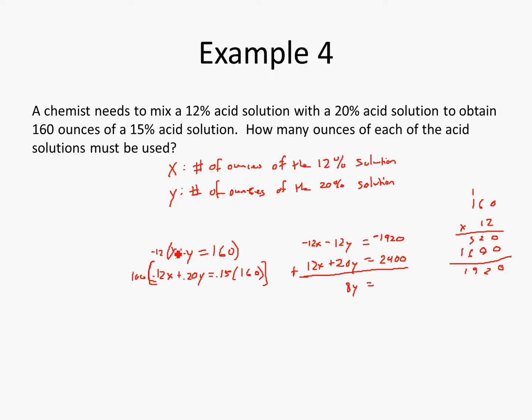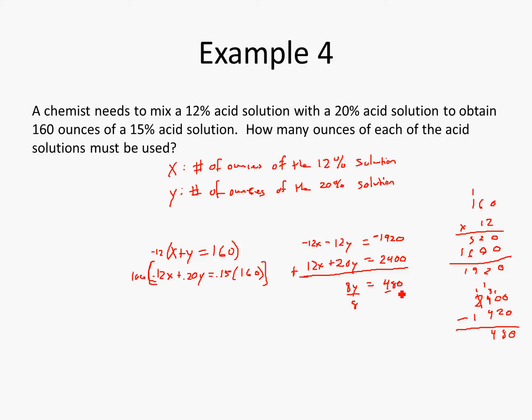This negative 12 has to be multiplied by every single part, so all these have to be negative. I can tell because it would make sense that it would be a larger number. So if I take this and subtract 1920, I'm going to get 8y equals 480.